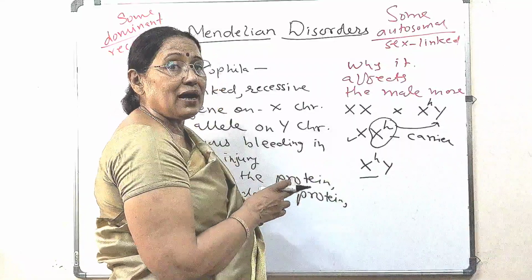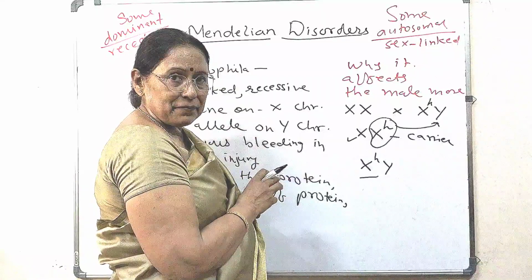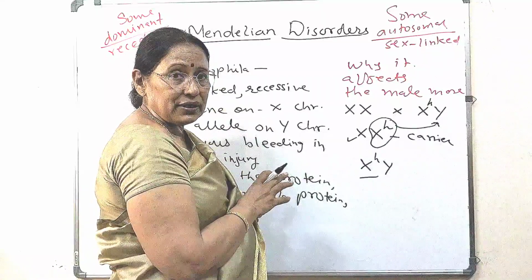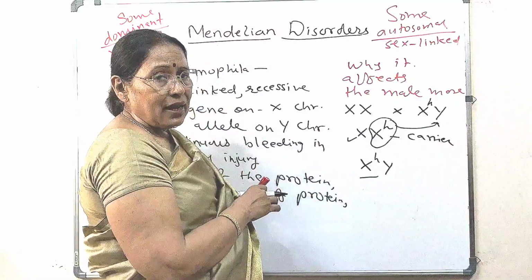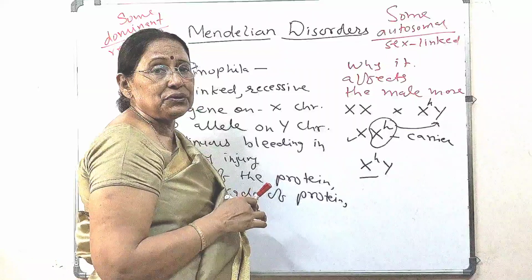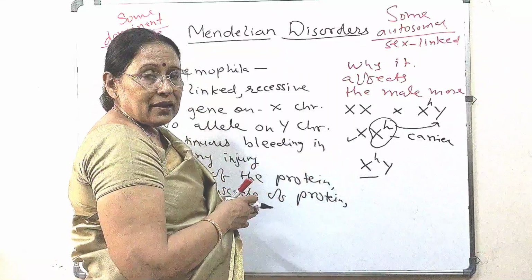That's the reason why the male child is more affected. This is a very important point from which many questions are asked, and drawing the problems also helps you understand this.